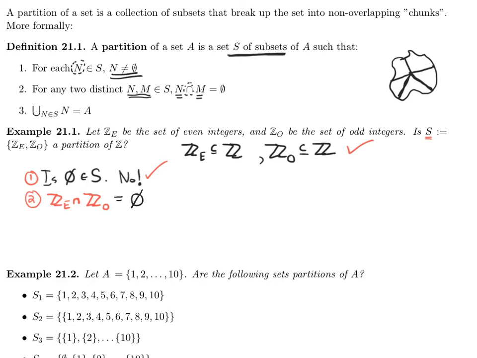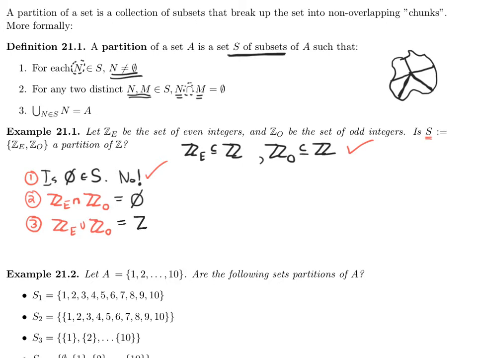So let's check condition 3 here. What is the union of ZE with ZO? The reason I wrote it like this is because it's a union of just two sets, so we can just use the regular union notation here. And that is, of course, all integers are either even or odd. We're not missing anything out.